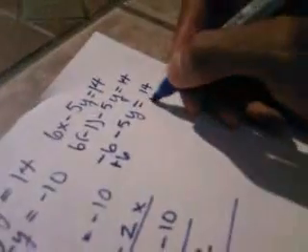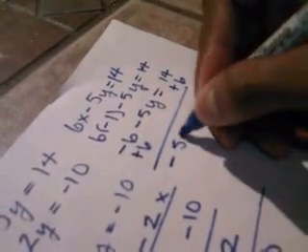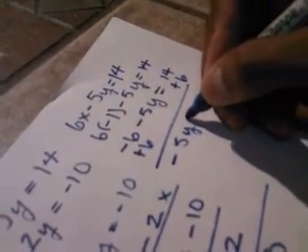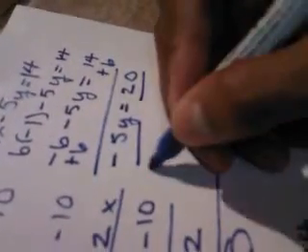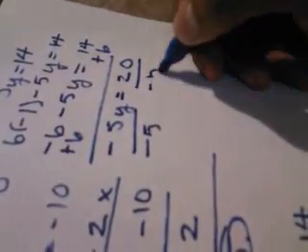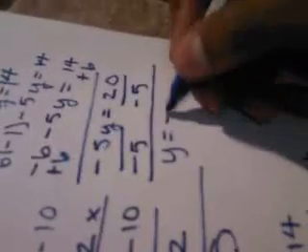So you want to add 6 on both sides, which gives negative 5y equals 20. Since there's a negative 5 as the coefficient, you divide both sides by negative 5, which gives y equals 20 divided by negative 5, which is negative 4.